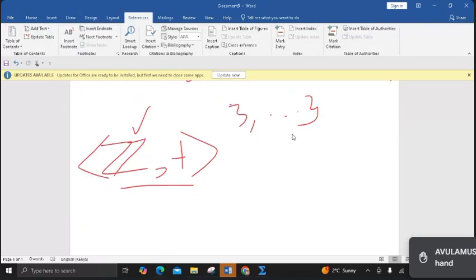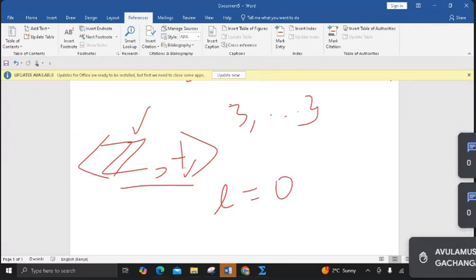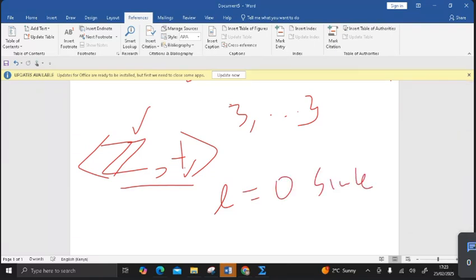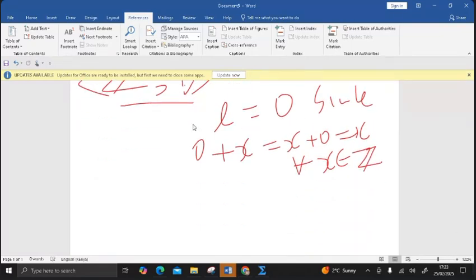Yes? Somebody tell us. In as far as addition is concerned, our E is equal to 0, since 0 plus x is equal to x plus 0, which is equal to x for every x in the set of integers.